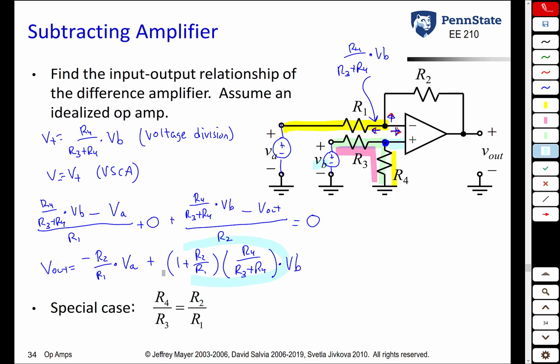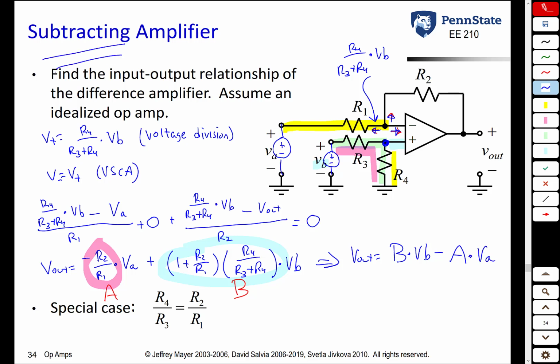In other words, that is going to be some number B, and that is going to be some number A. And so what we get is that V out is going to be some gain B times VB minus A times VA. It's a subtracting amplifier.